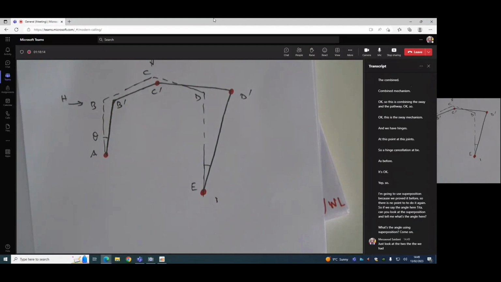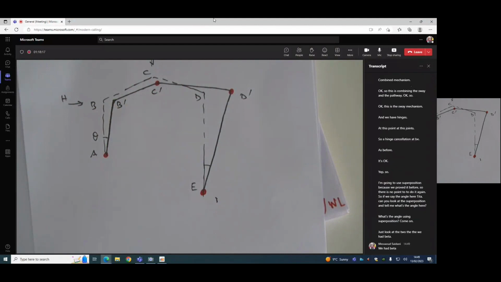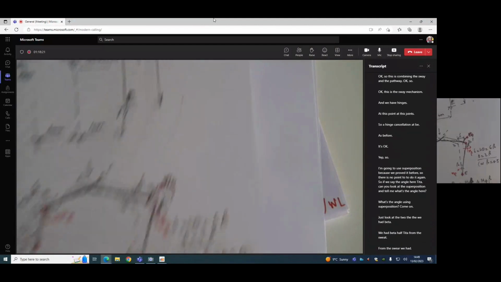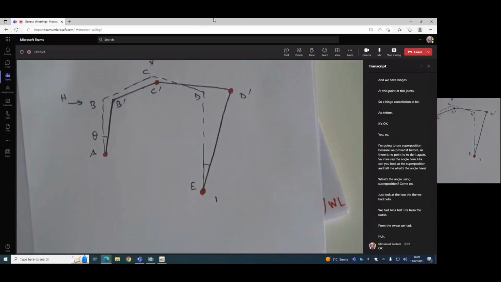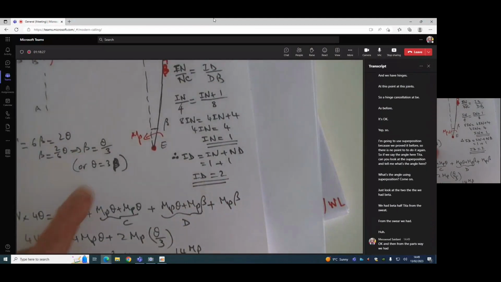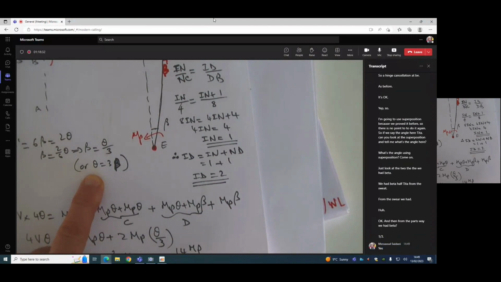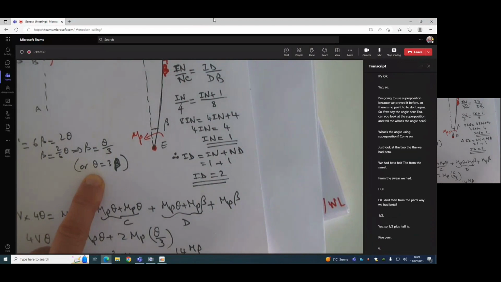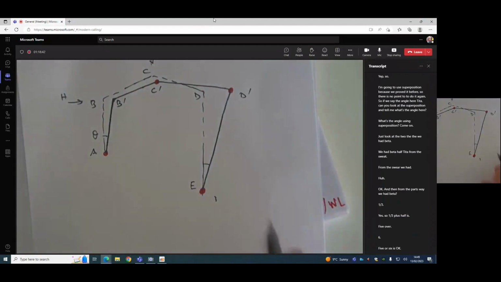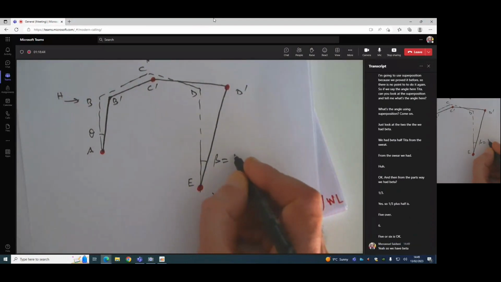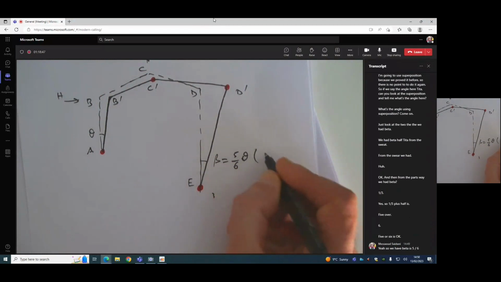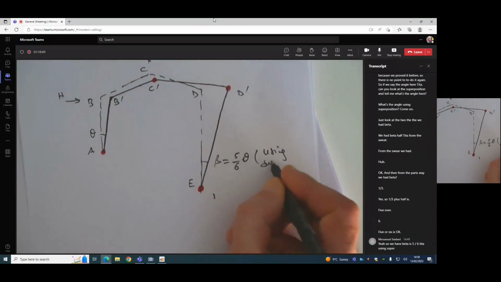We had half theta from the sway, and then from the pathway we had beta, a third. Yes, so 1/3 plus half is 5 over 6. Is that okay? Yeah.